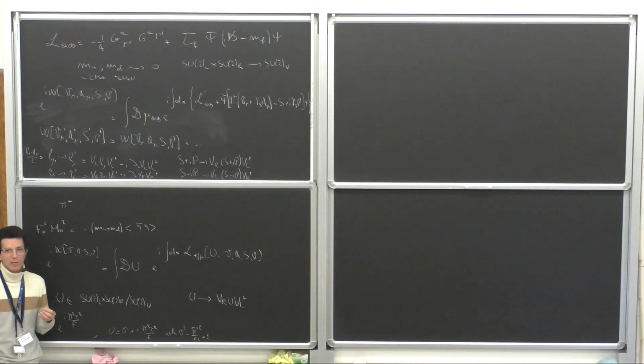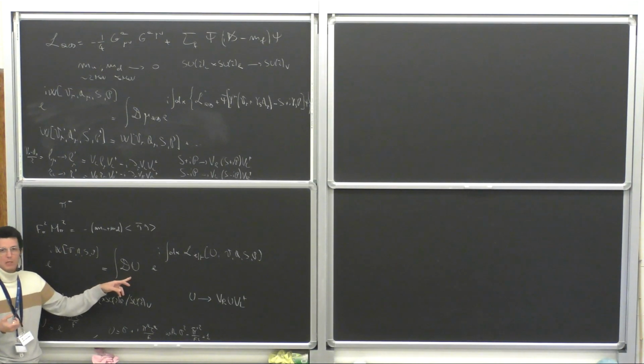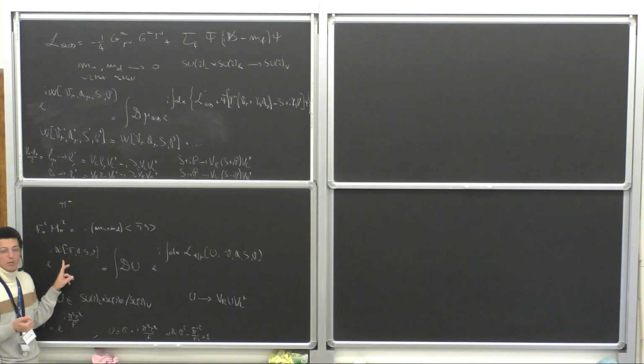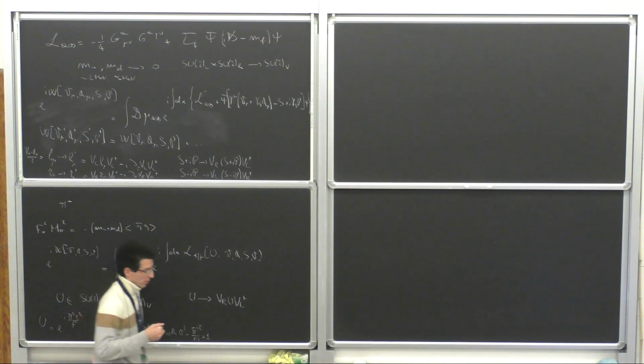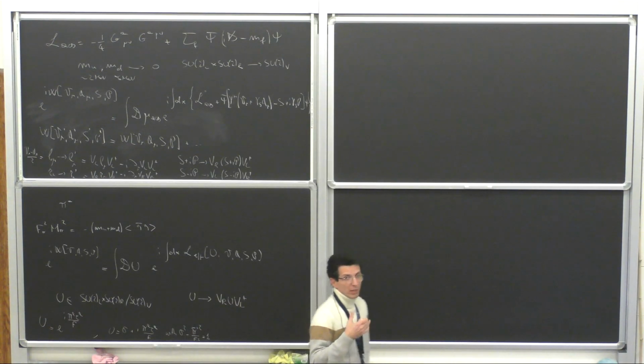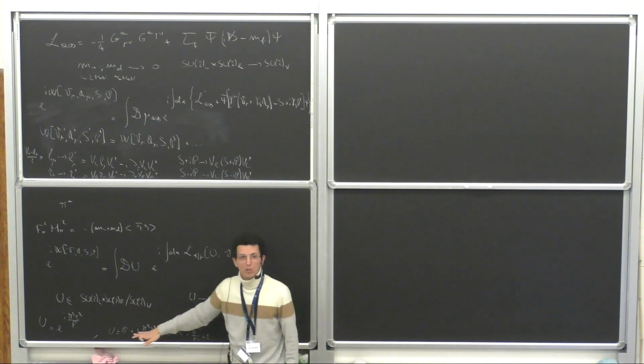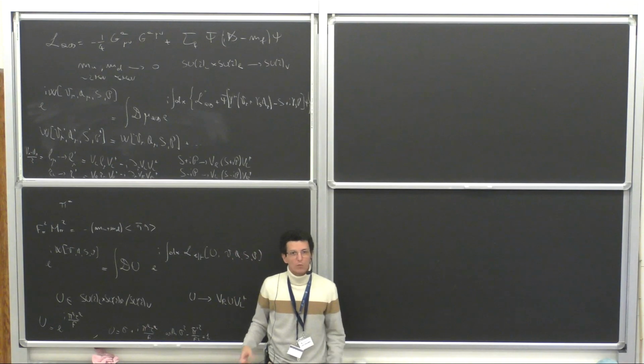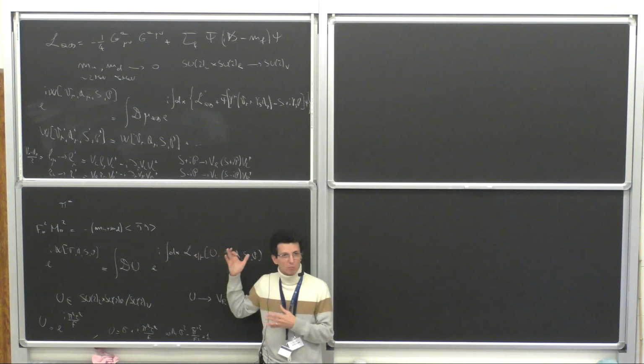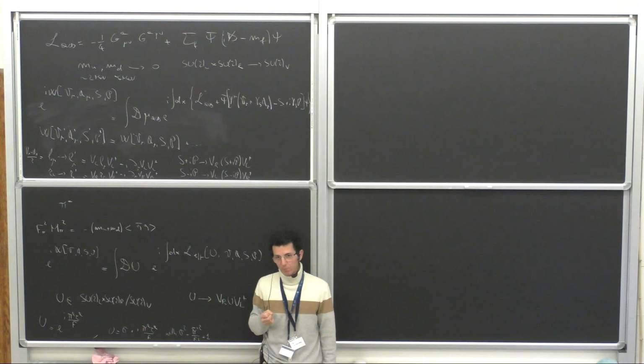So nothing depends on the choice. You can do a reparametrization of the fields and obtain the same QCD correlation functions. So the correlation functions are independent of the choice of the pion fields, of the choice of the ingredients of these effective theories, okay?